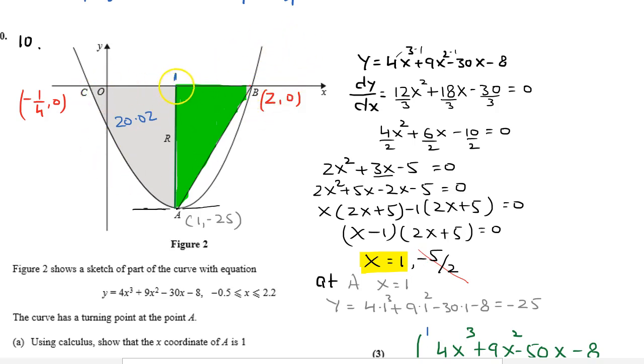Now this is 1, this is 2, so this length is 1 and this length is 25. This is a right triangle, so this area is half, base is 1 and height is 25. So this area is 12.5.